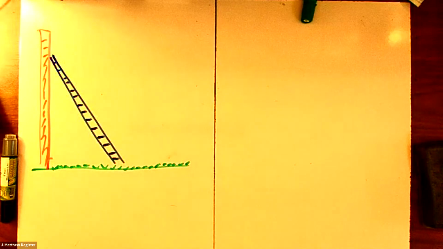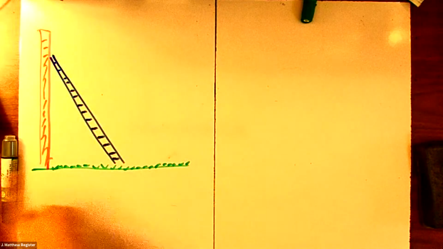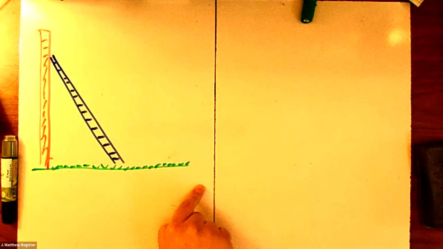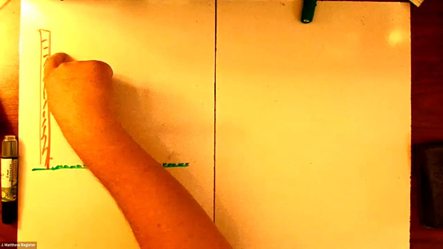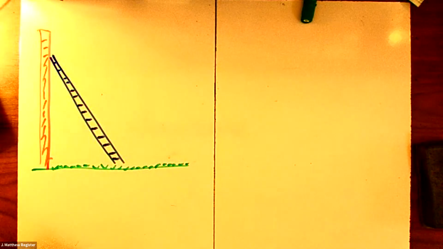All right. And what it says is that the base of the ladder is slipping away. And so this is going to be slipping away from the building. And as this bottom is slipping away, well, this top part is going to be coming down the building. We're told certain values.